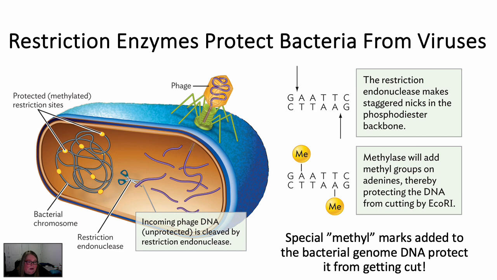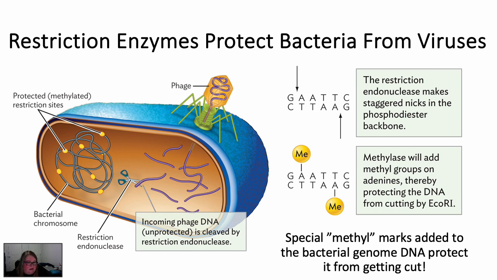So the restriction enzyme is going to cut apart the viral DNA so it cannot affect the host's DNA. But how do we keep restriction enzymes from cutting the bacterial chromosome instead of the viral genome?